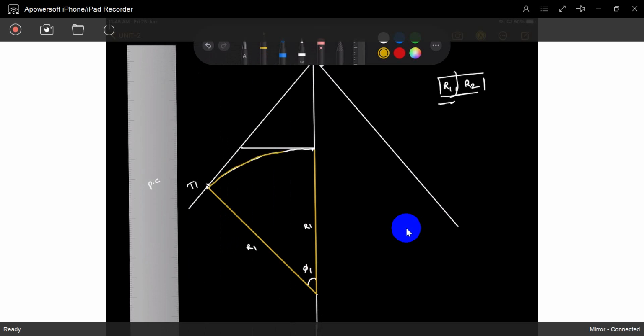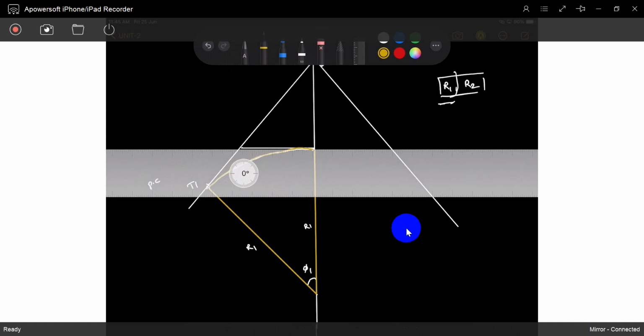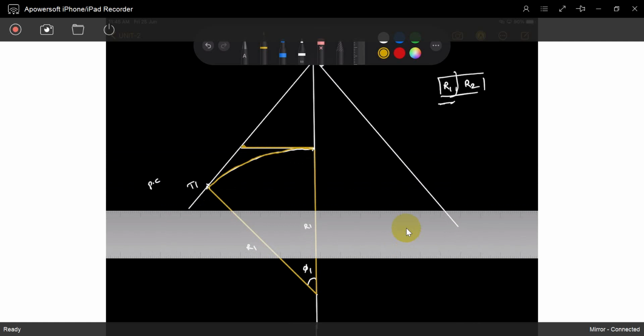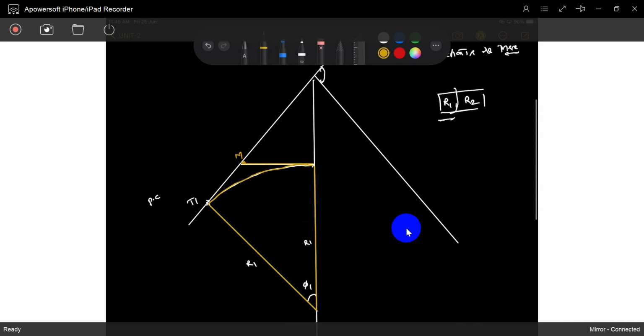It's a curve and it's also a tangent. This point I call M. This small length and this length are both equal. You know it, na?